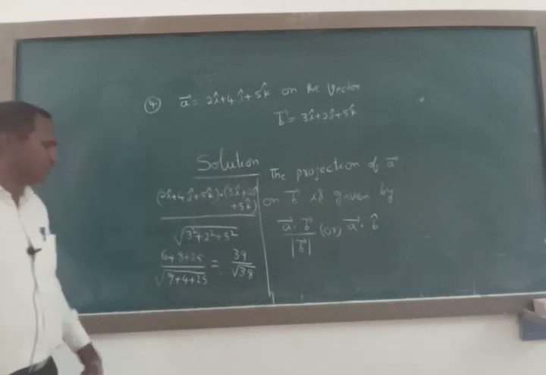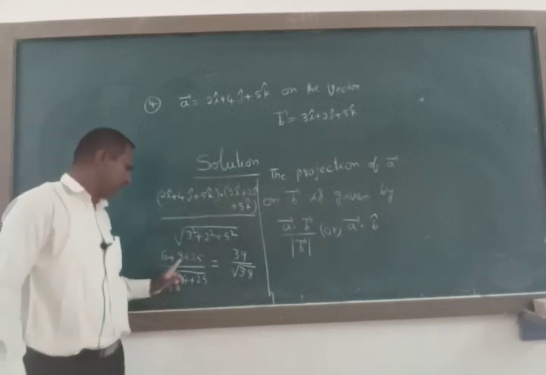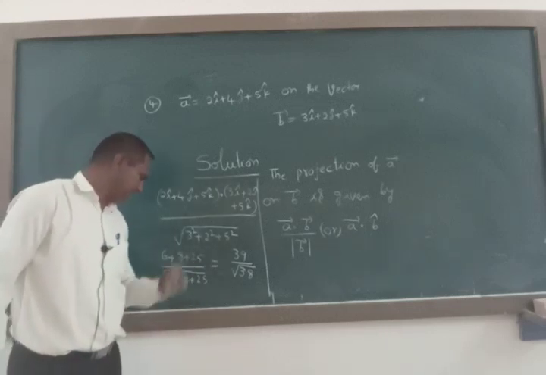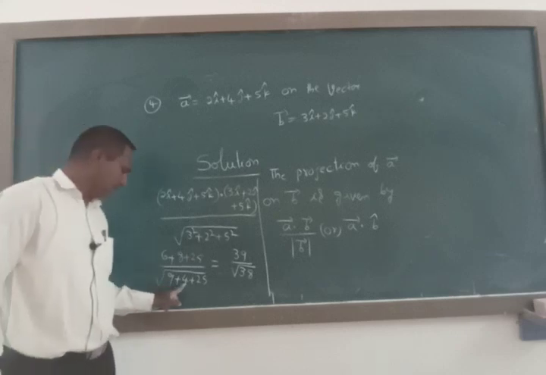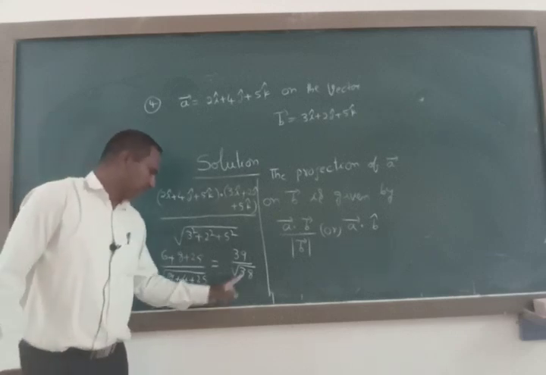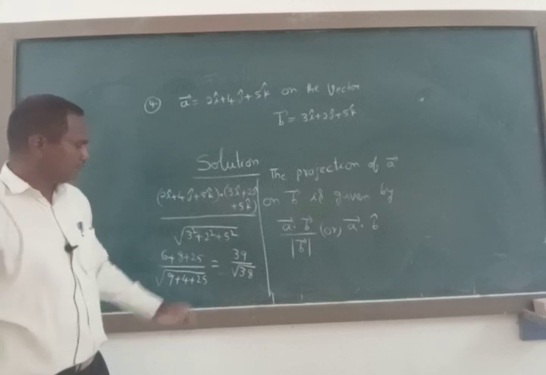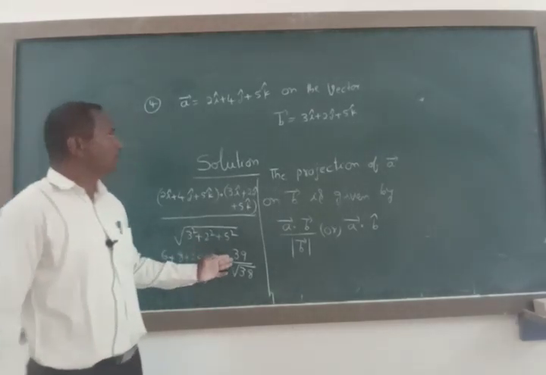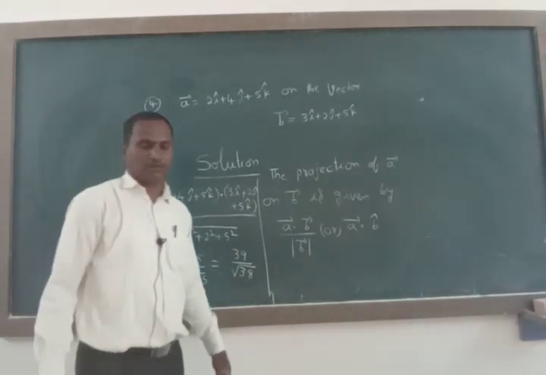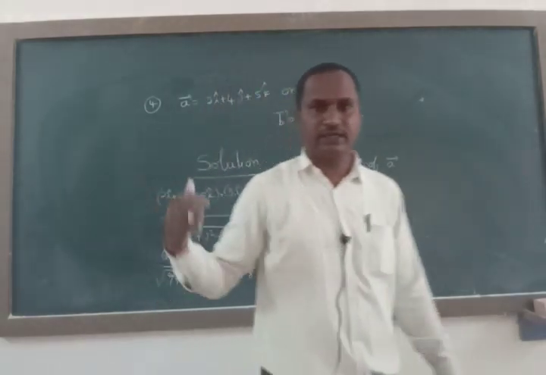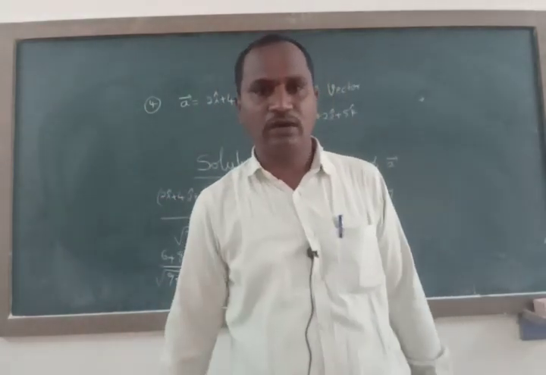That is 39 by square root of 38, the value of the projection of a bar on b bar. Like that we write the projection of a bar on b bar.